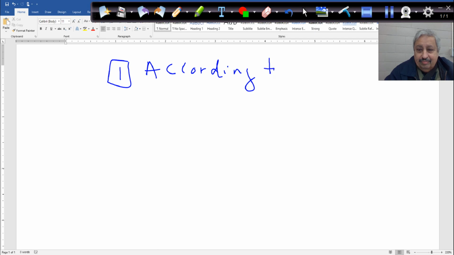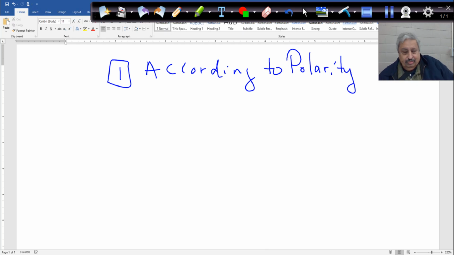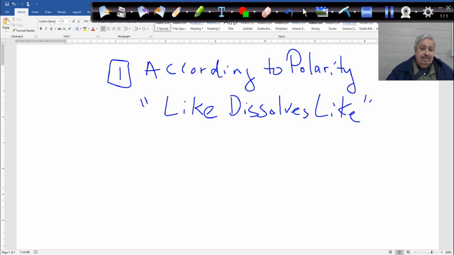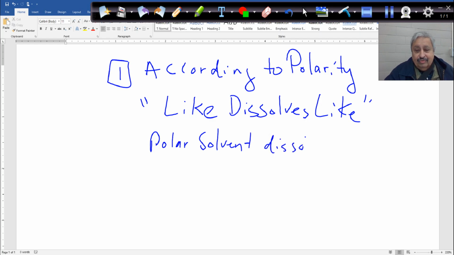According to polarity. Well, there is a rule. As I said, we have polar and non-polar solutions, which is the rule which we learned today: like dissolves like, meaning polar solvent dissolves polar solute.